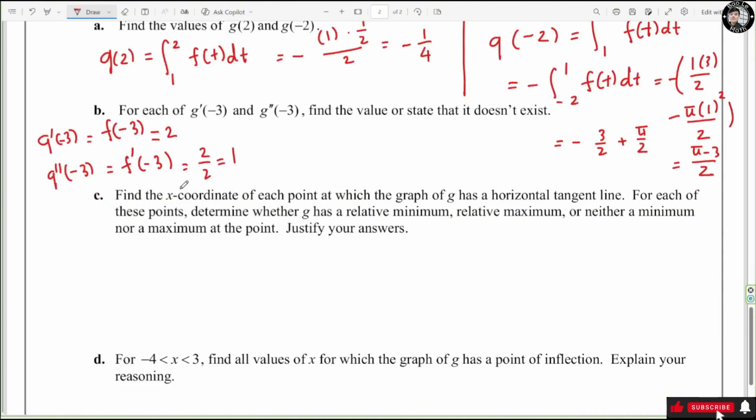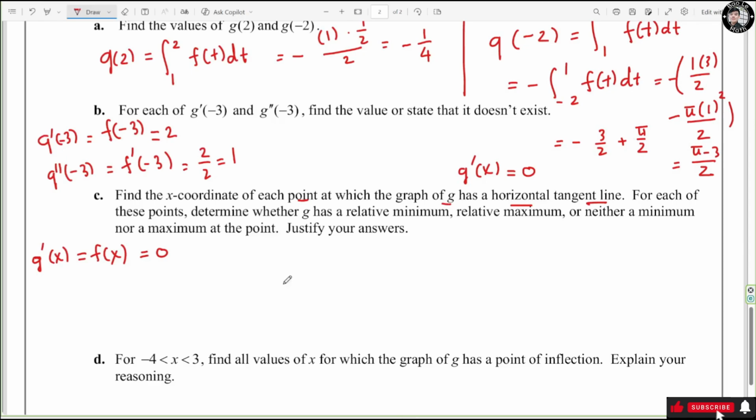Now question C. Find the x-coordinate of each point at which the graph of g has a horizontal tangent line. So if the graph of g has a horizontal tangent line, which means g prime of s must be equal to 0, right? Now we know that g prime of s is actually f of s, and this must be equal to 0.